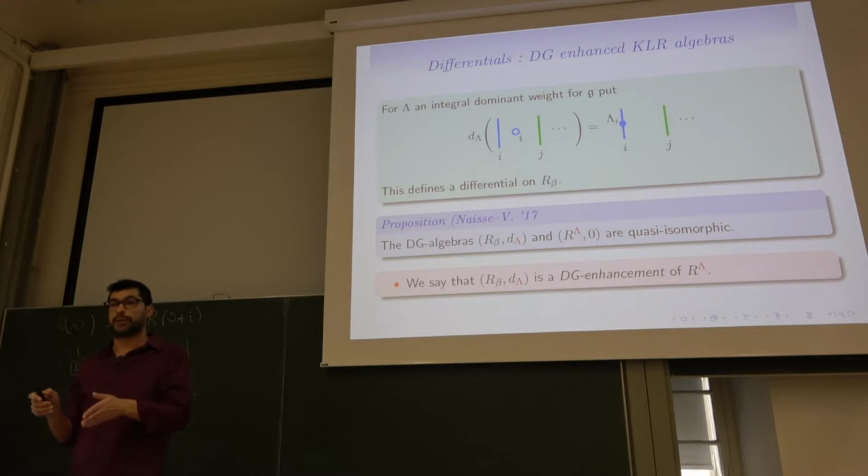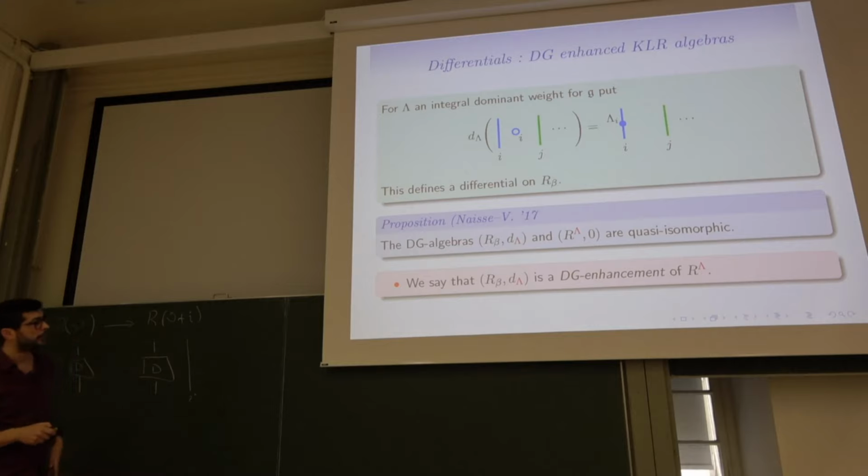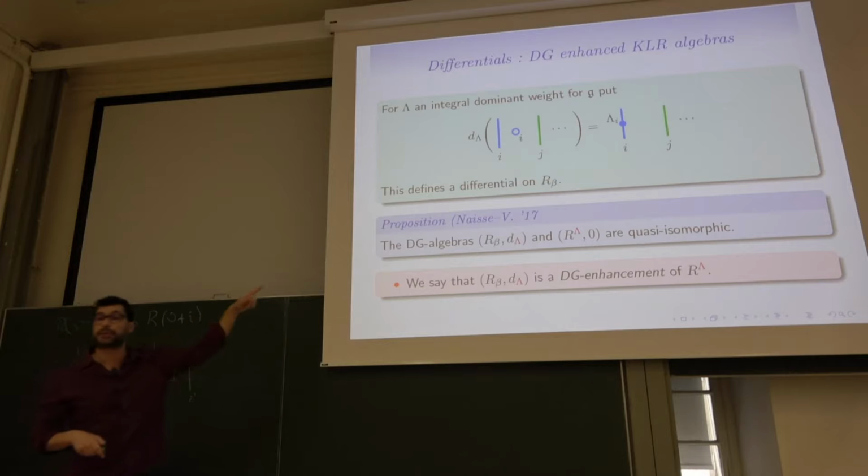So no superalgebra anymore. And we say that R beta d lambda is a DG enhancement of the cyclotomic KLR algebras. So part of our diagram is complete. We know the algebras. And it's clear from the construction that the KLR with 0 differential embeds there.